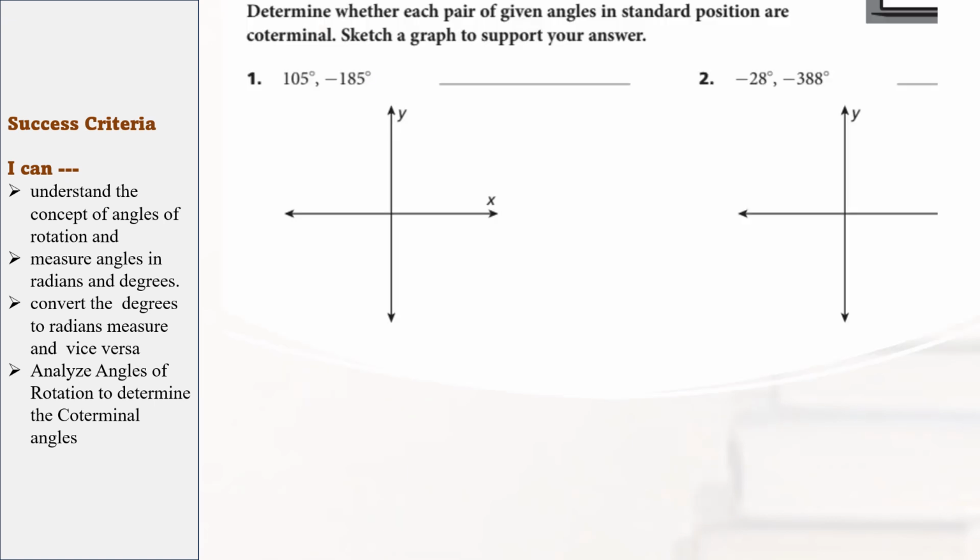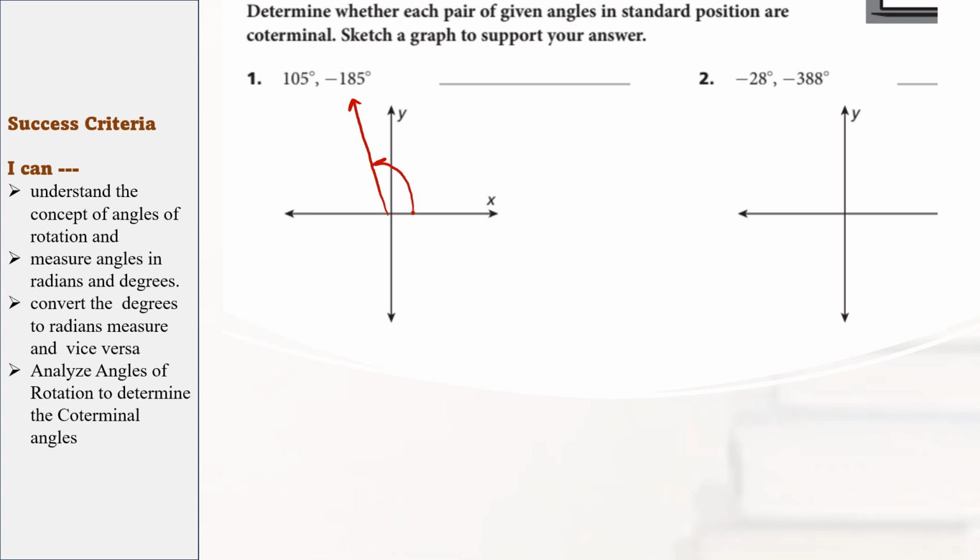Now there is a question: determine whether each pair of the given angles in the standard position are coterminal or not and sketch their graphs to support your answer. So first of all, have a look at 105 degree. Okay, so 105 degree could be over here, right? This is from here till here.